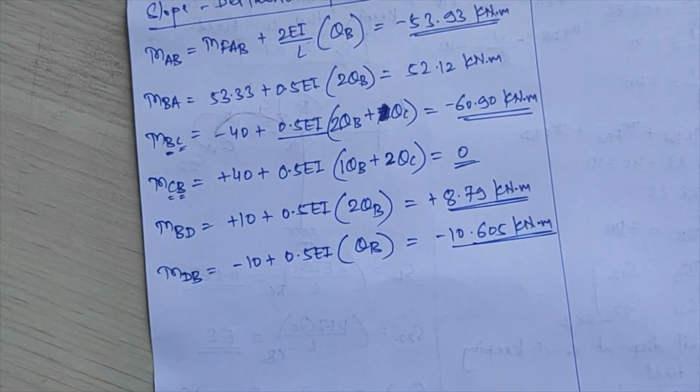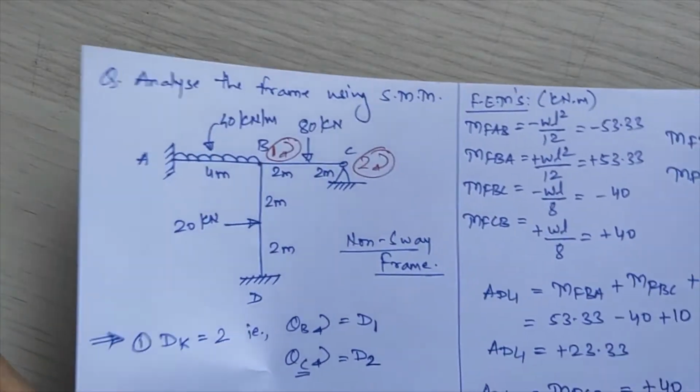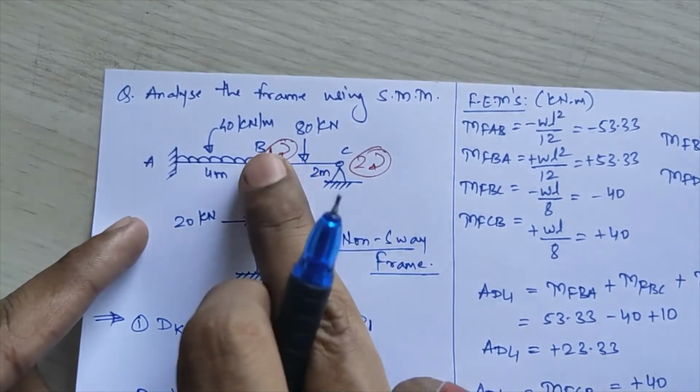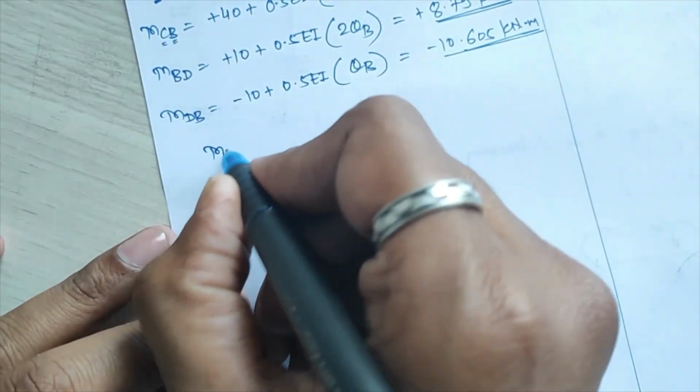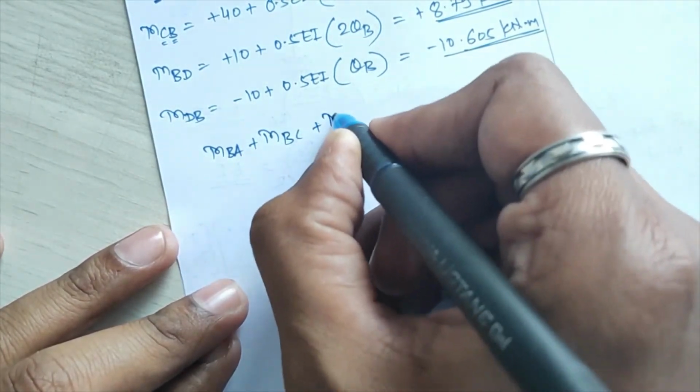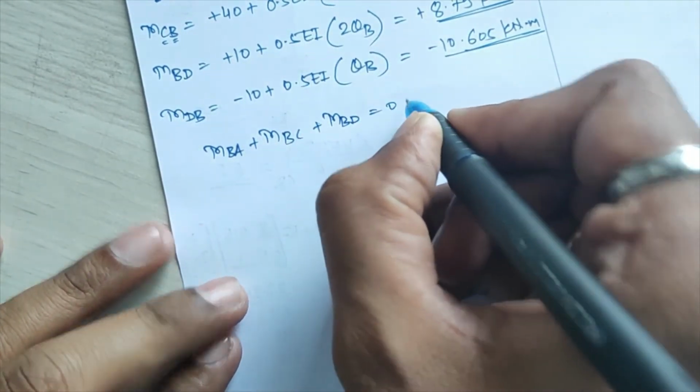Okay, we'll see the conditions of equilibrium. So the first condition of equilibrium will be at joint B, that is MBA plus MBC plus MBD shall be 0. So we'll check this.